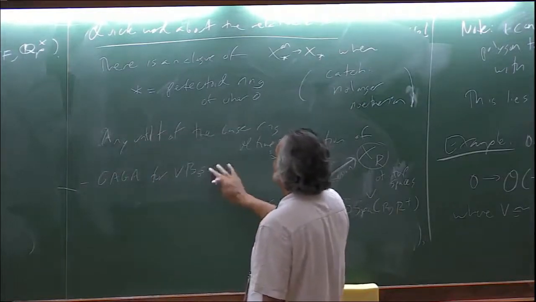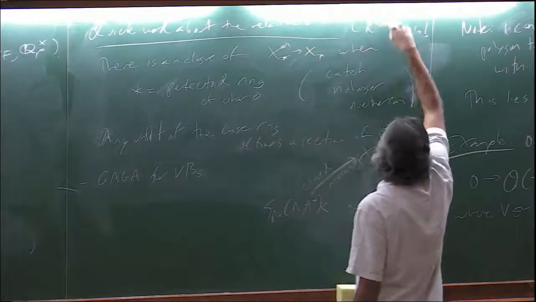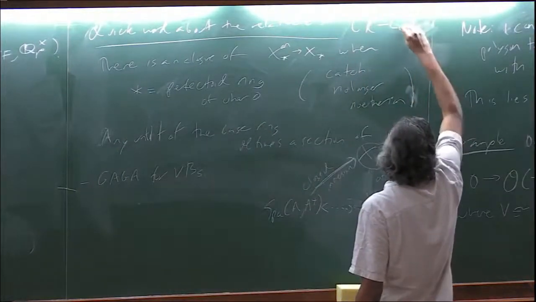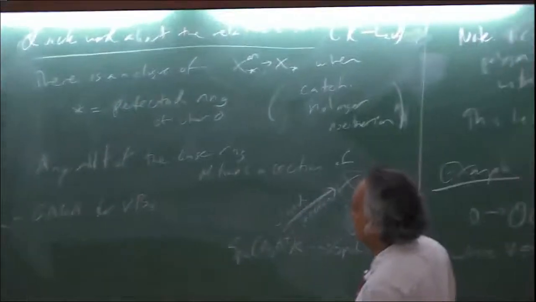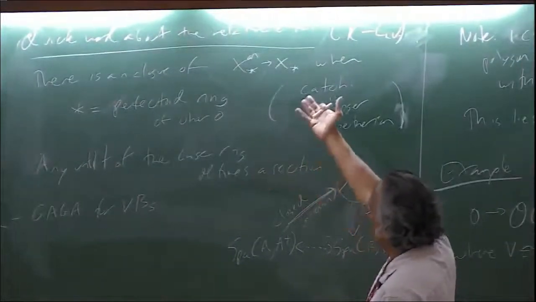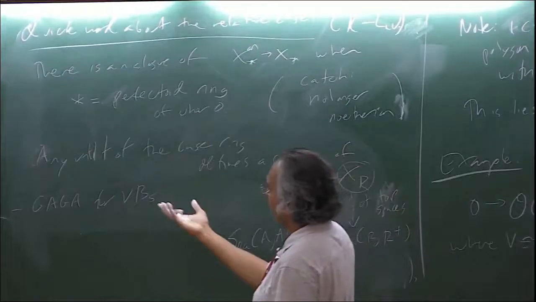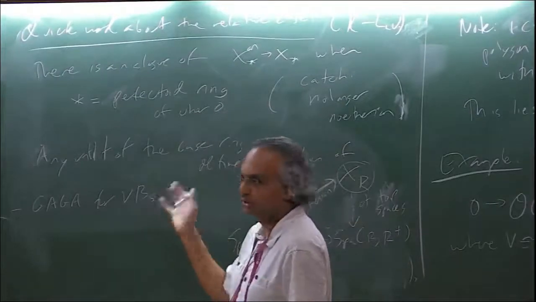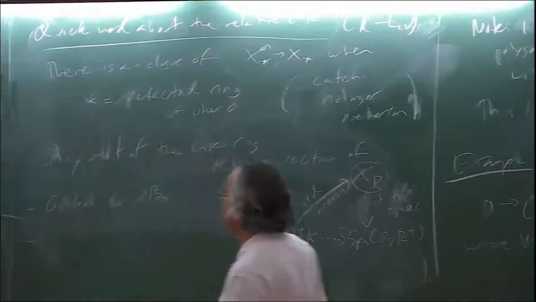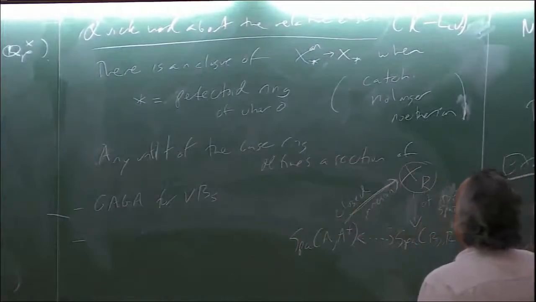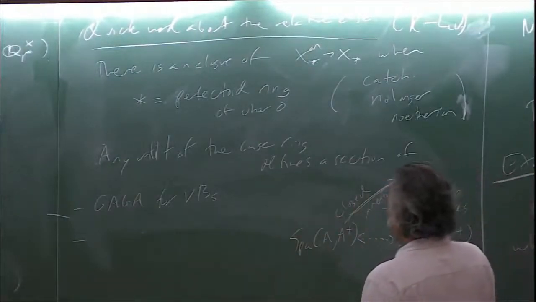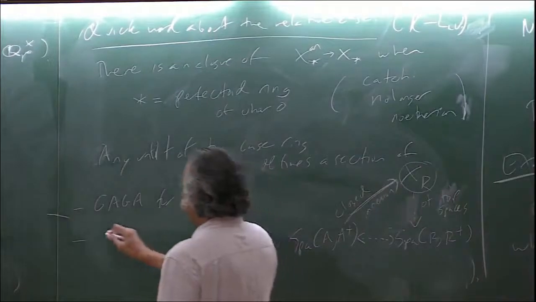This is mostly out of my long asterisk volume with Liu. So you have GAGA for vector bundles in this context. You would have it for coherent sheaves if you could deal with coherent sheaves, but that's a little bit hard to say, so I won't try. So you have a GAGA in this situation. What else do you have?